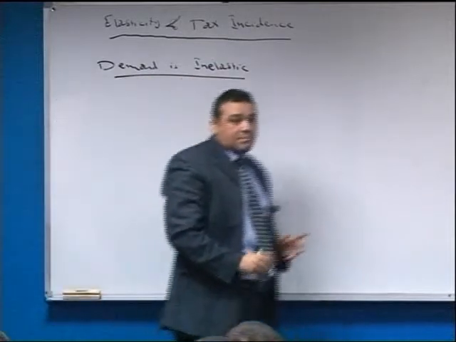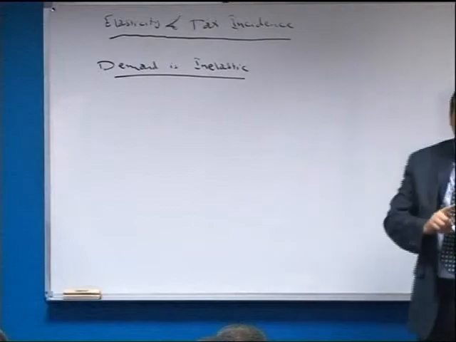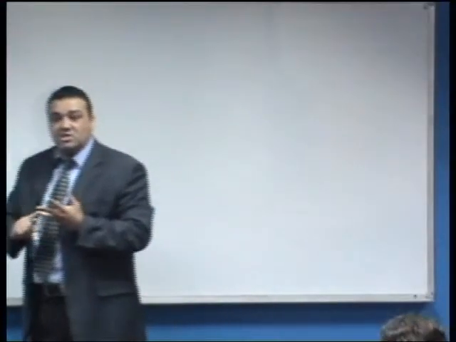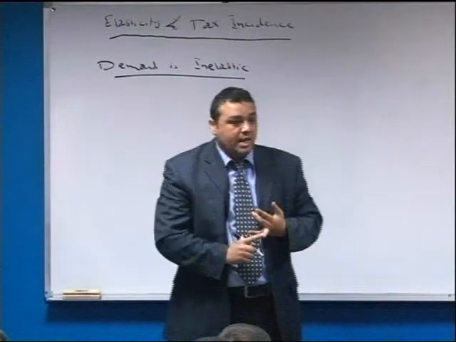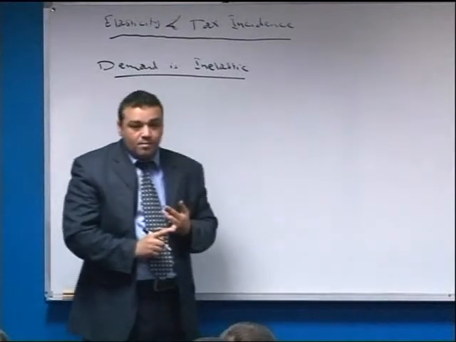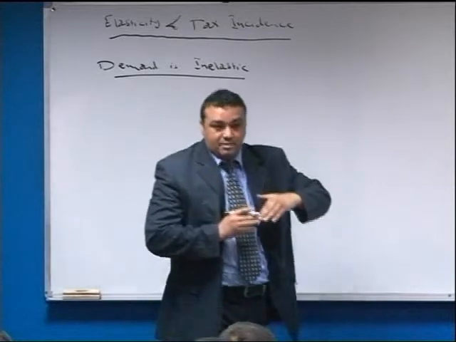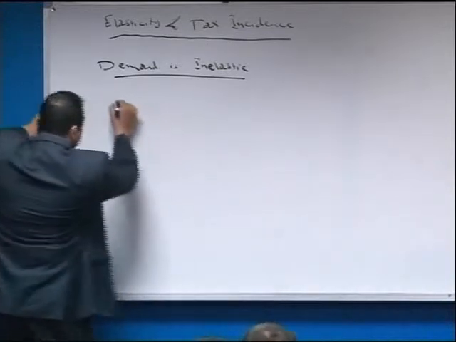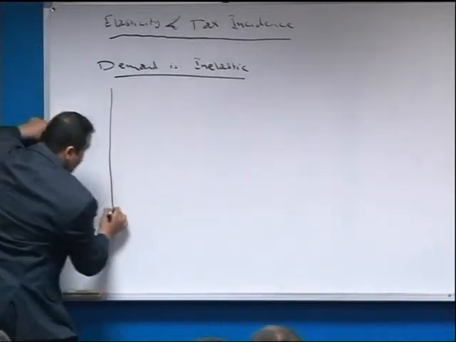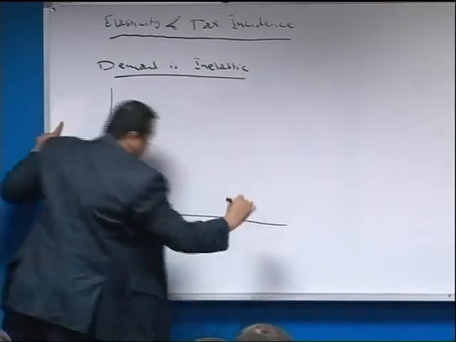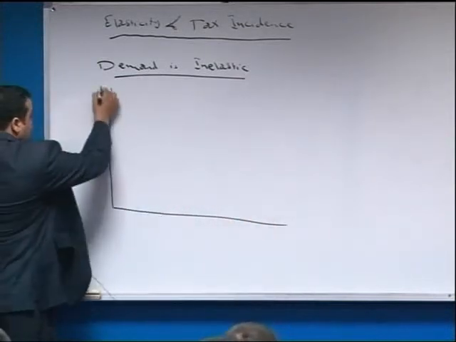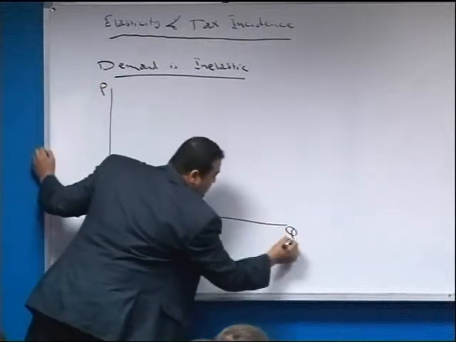Demand is inelastic means the product is very important for the consumer. It's not easy to give it up when the price increases. And the demand curve is close to a vertical line, right? So, suppose that the demand is inelastic. This is the price. Quantity.